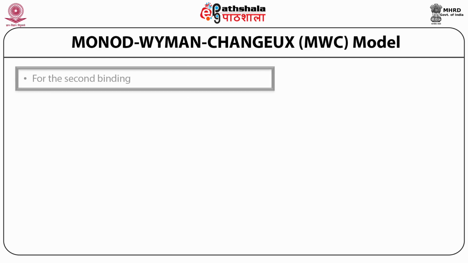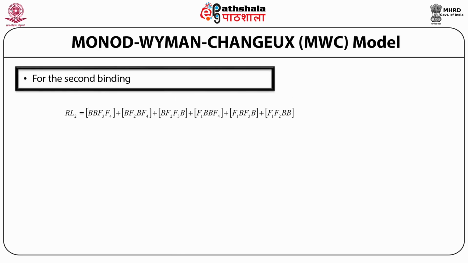Now take the second binding. The second binding can happen in 6 different ways: when the first 2 sites are occupied, the first and third sites are occupied, the first and fourth sites are occupied, the second and third sites are occupied, the second and fourth sites are occupied, and when the last 2 sites are occupied.